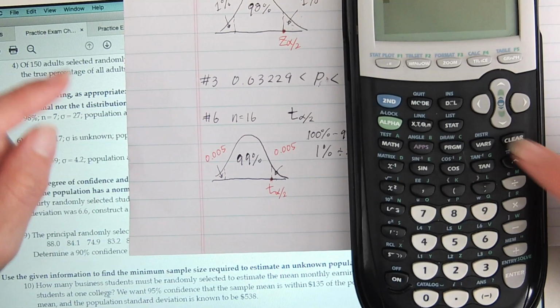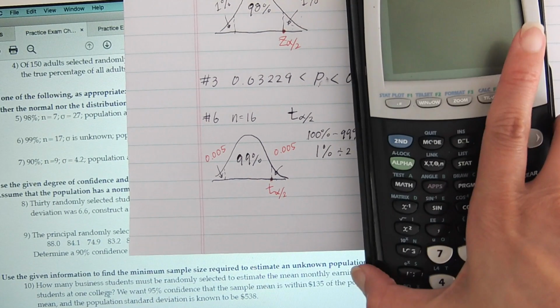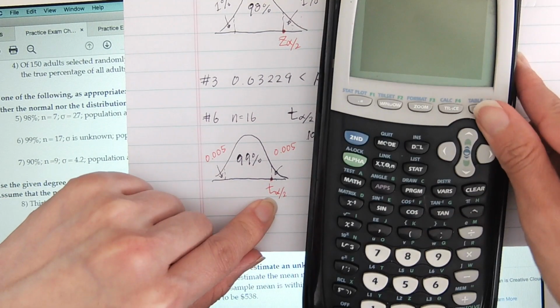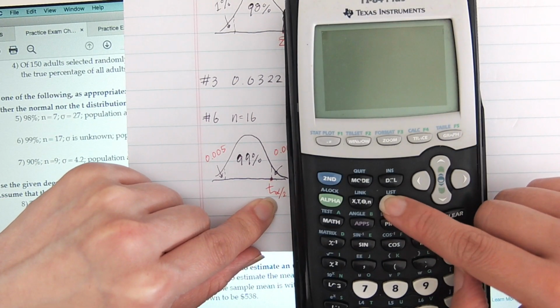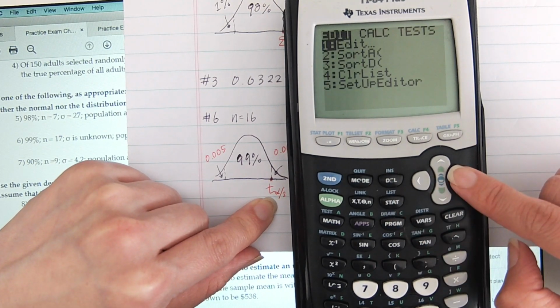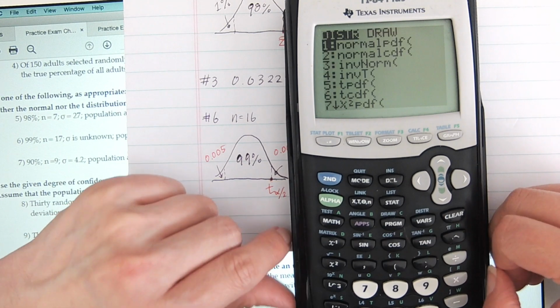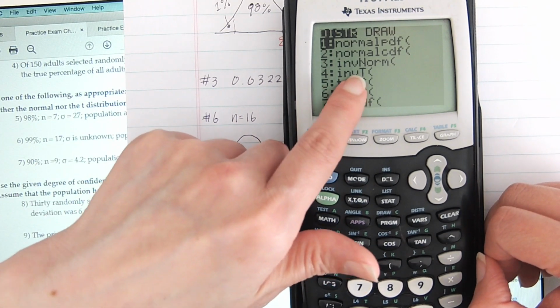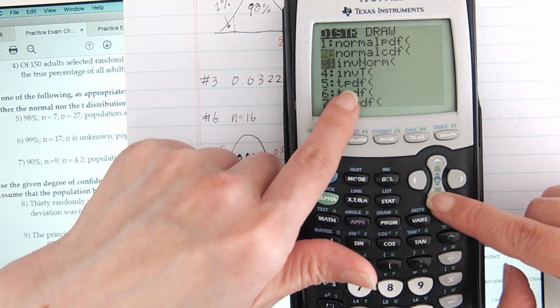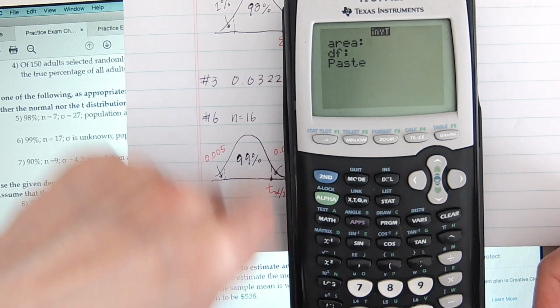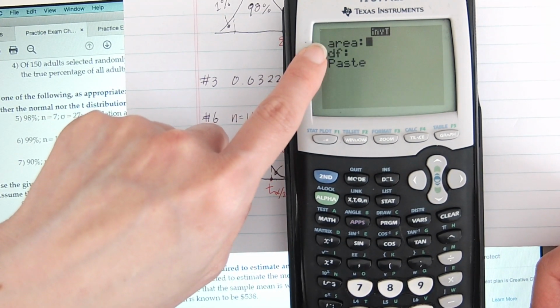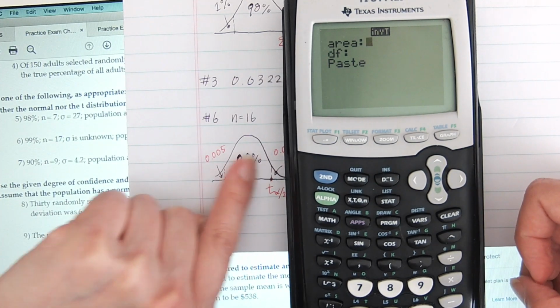So where should I go on the calculator to find that point of t? Do you remember that? Stats, sorry, I go second, then the bar. Inverse t. I have to use the inverse t, right? Again, what's my area in this case? What's my left side area?